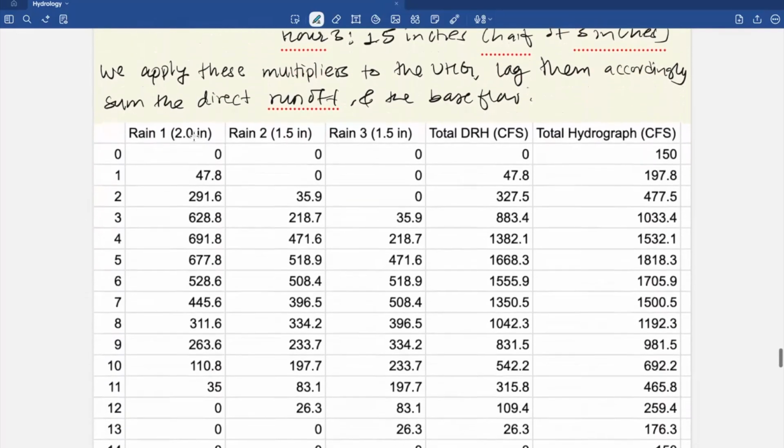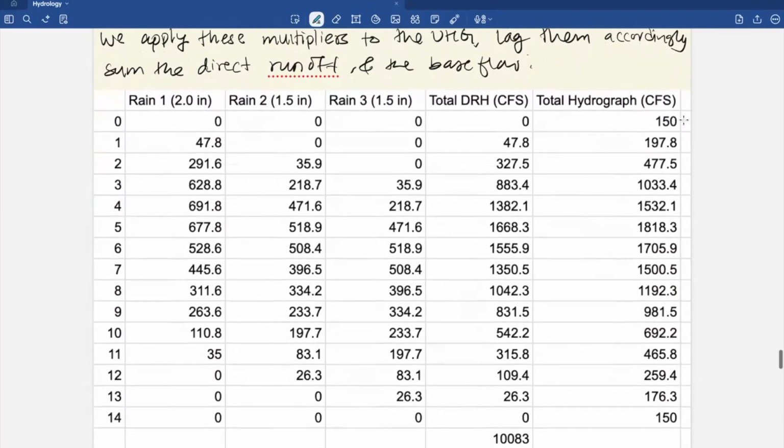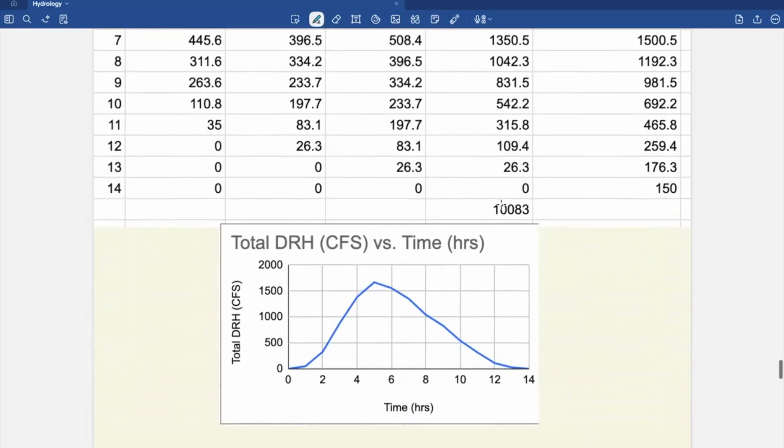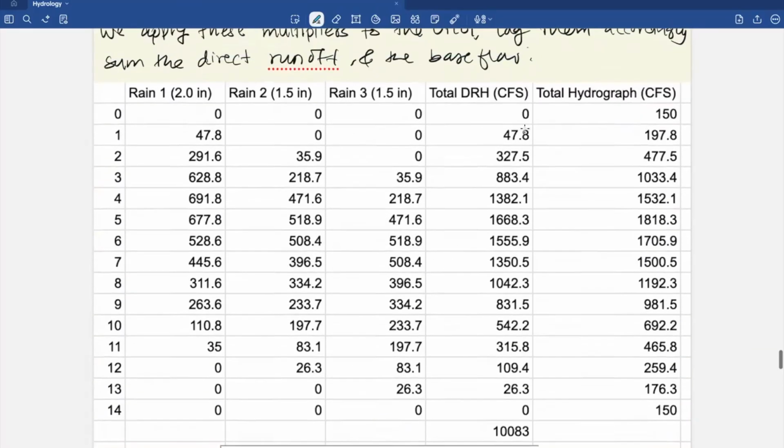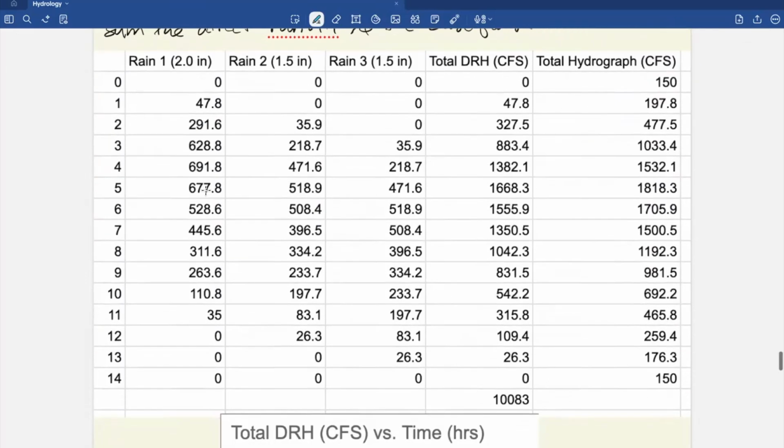So here we'll be doing the same thing, rain 1, and we'll be lagging the unit hydrograph by 1 step and multiplying by 2 for rain 1, same process. And this is what we got. And this is the figure when we plot the total runoff hydrograph versus time.